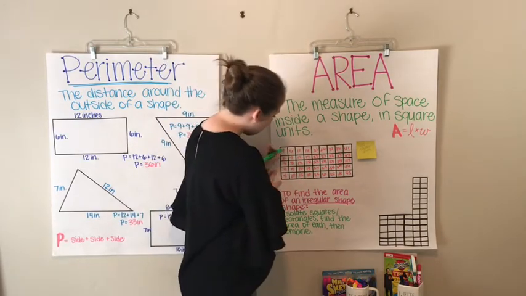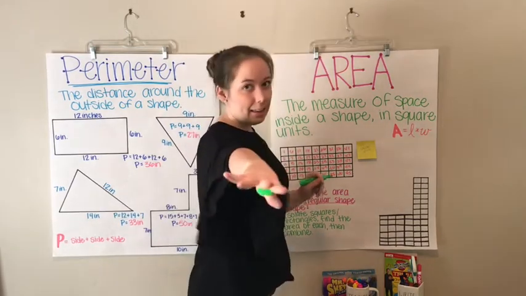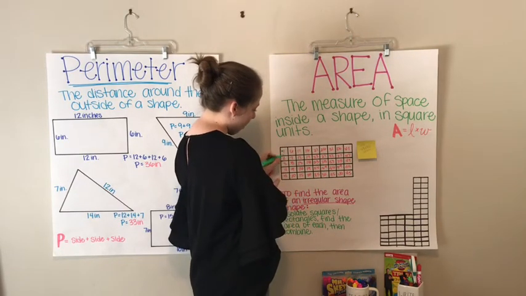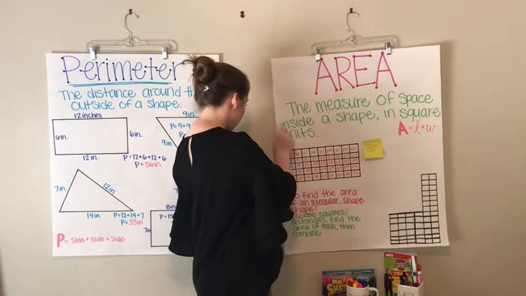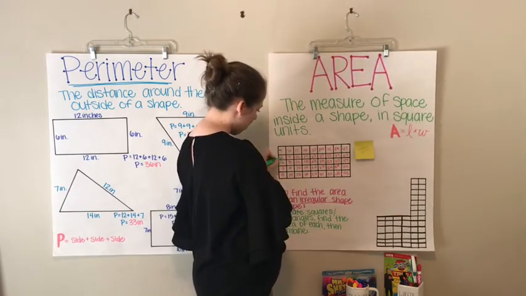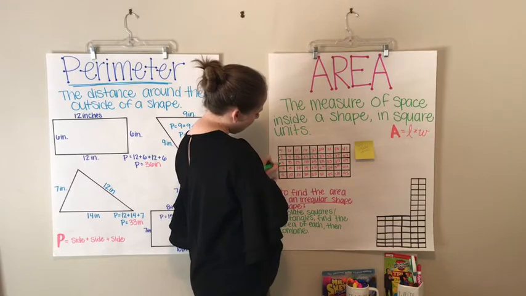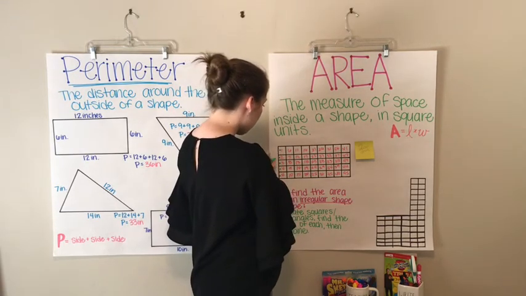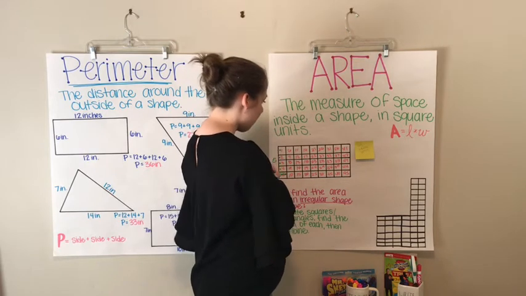So for our length, remember our length is going to be this side. So we have 1, 2, 3, 4, 5. So our length is 5.